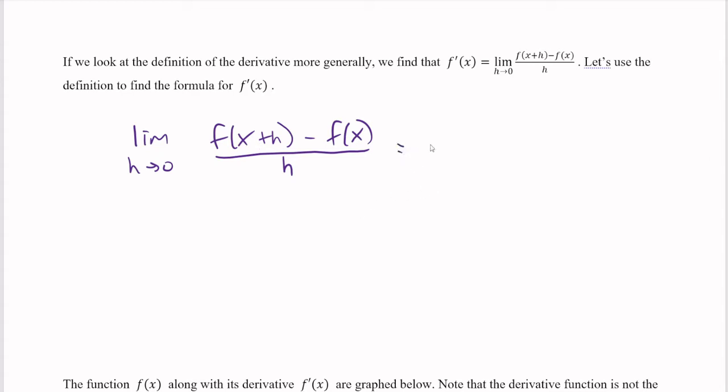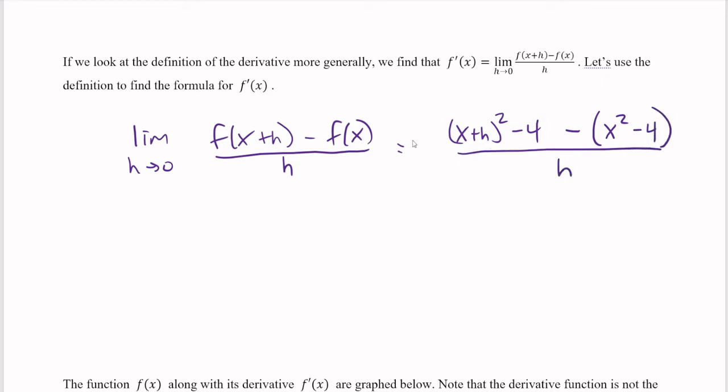Okay, so then if we remember our function, it's x plus h squared minus 4, minus x squared minus 4, all over h. And don't forget our limit. That can't go anywhere. All right, so we've got some multiplying out to do, but it's not too bad. Good practice for yourself.